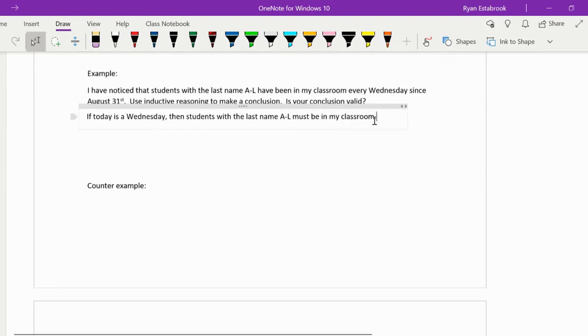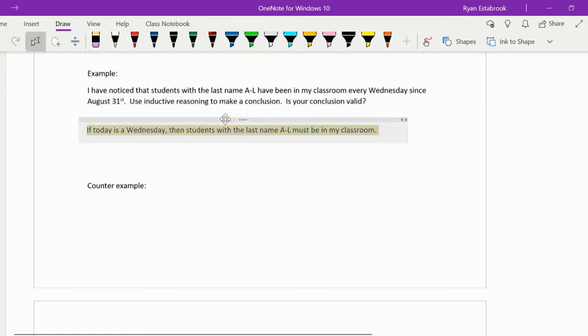Again, I think that's true based off of what I've seen before. So I'm saying this is always going to be true. Based off of what I've seen, I believe that every Wednesday, if it's Wednesday, then students with A through L will be in my classroom.